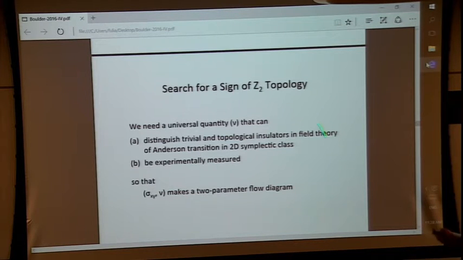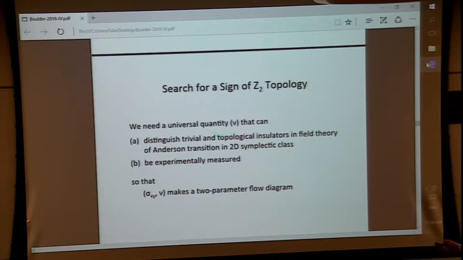And again, this is just to give you the criterion for whatever this theory is. It has to have certain features. What we are looking for would be a quantity that is universally defined, which can distinguish the trivial and topological insulators within the field theory, within whatever theory that you like. In particular, I'm going to focus on the so-called nonlinear sigma model description of the Anderson transition.